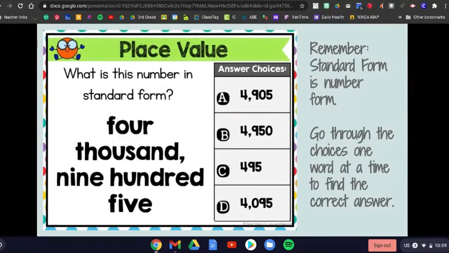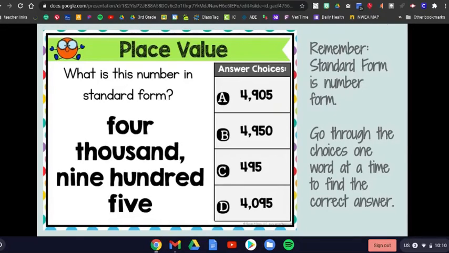So your job is to go through the words one word at a time to find the missing number. So it starts with 4,000, and my answer choices are A, 4,905, B, 4,950, C, 495, or D, 4,095.